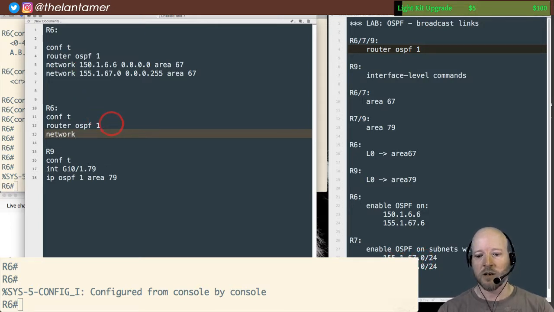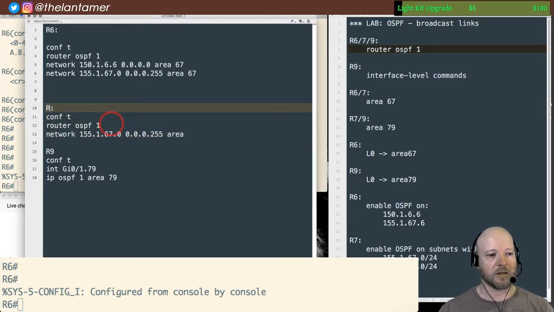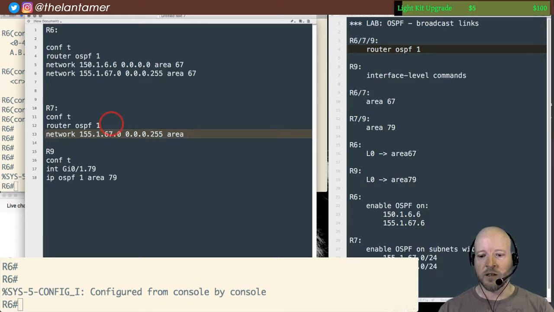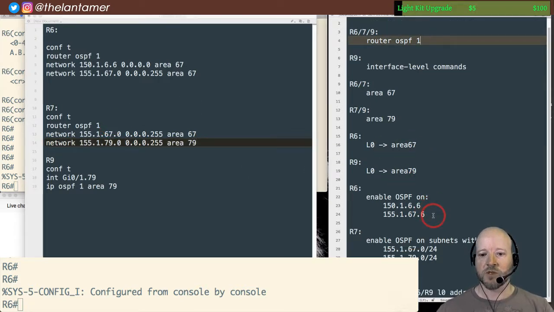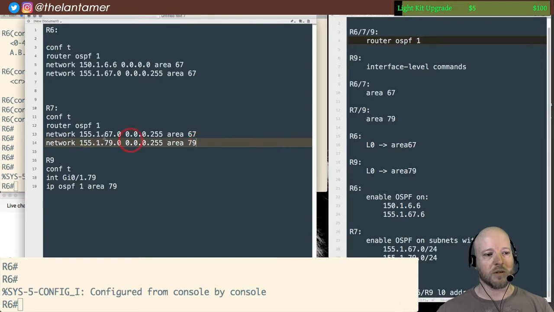Network 155.1.67.0. And this is router 7, not router 6. And he will be in area 67 and network 155.1.79.0 in area 79. So he's going to be in both areas. He's going to play both fields.